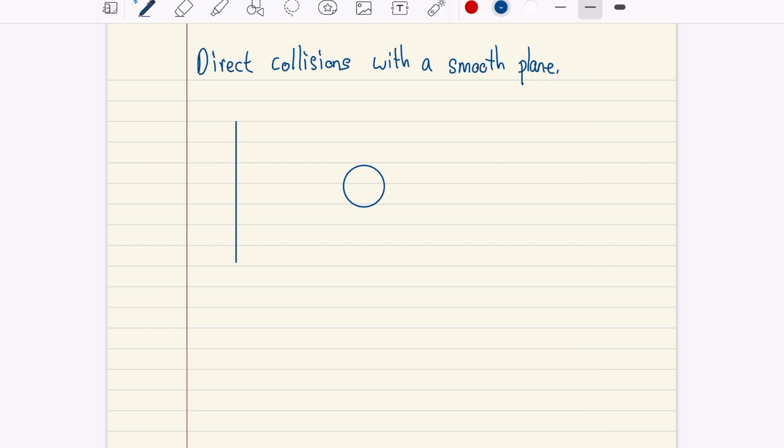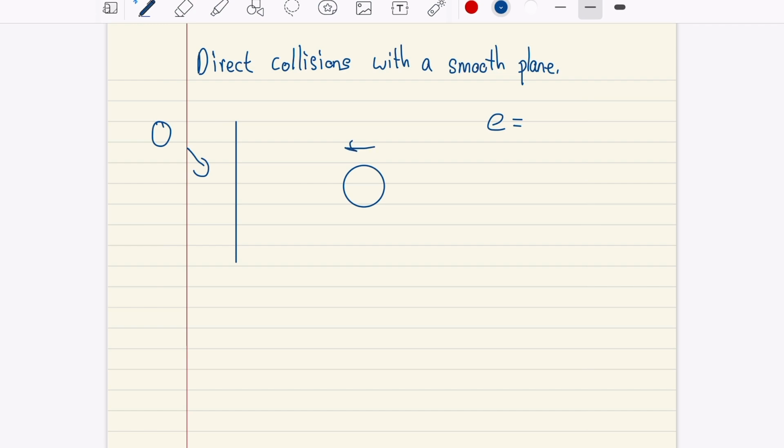Now, what if the particle collides with the wall instead of another moving particle? It's actually much easier because you just use the same equation, but now there will only be the velocity of the moving particle in the equation, because the wall is not moving, so the velocity of the wall before and after the collision will be 0 only.